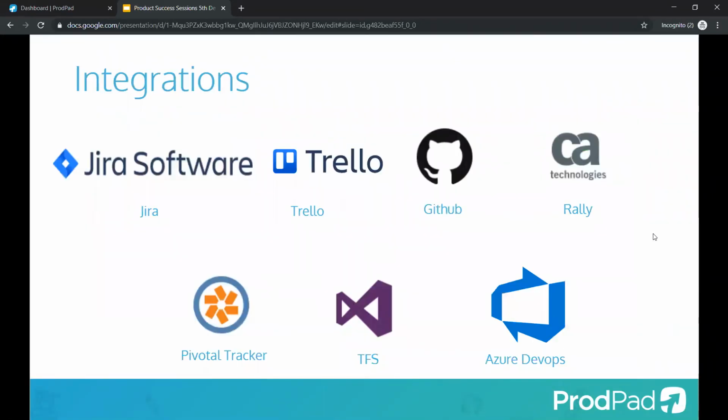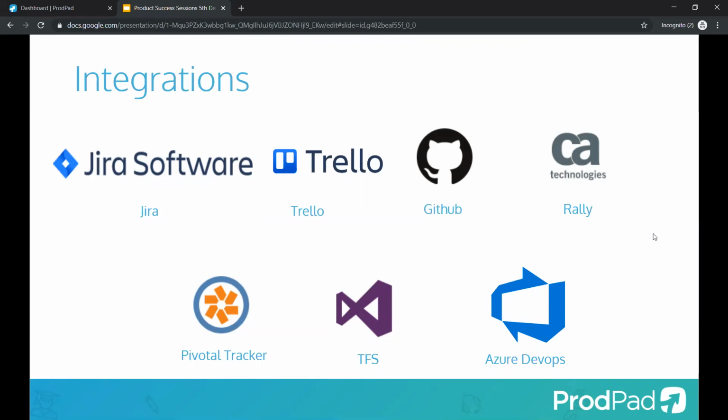So to help with mapping and integrating the development process with the product process and joining the dots there, we have a lot of integrations. Our most popular one is obviously Jira, but we also integrate with Trello, GitHub, Rally, Pivotal Tracker, TFS, and Azure DevOps. So whatever you're using, hopefully it's one of these and you'll be able to integrate directly.